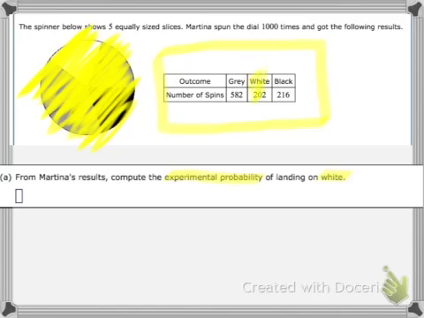And this is white. That's white. White was landed on 202 times. But she spun the dial 1,000 times. So we're going to put 1,000 right below.